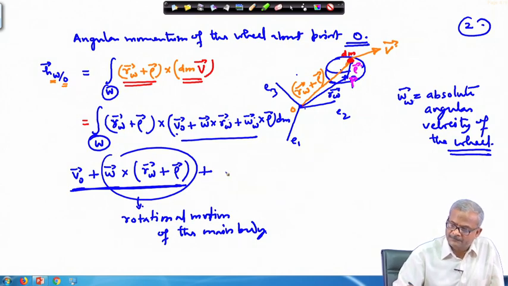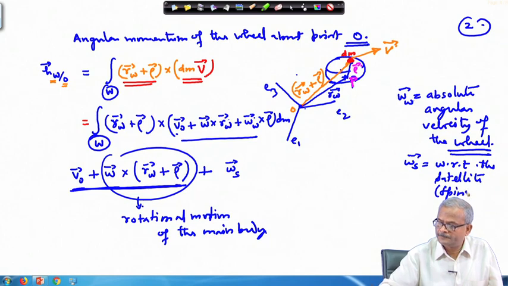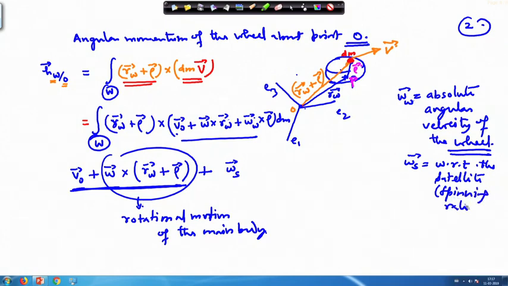So, if we write the spinning rate of the wheel as w s, which is with respect to the satellite, this spinning rate of the wheel, then w s cross rho.